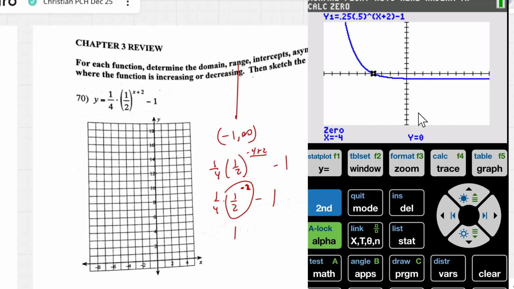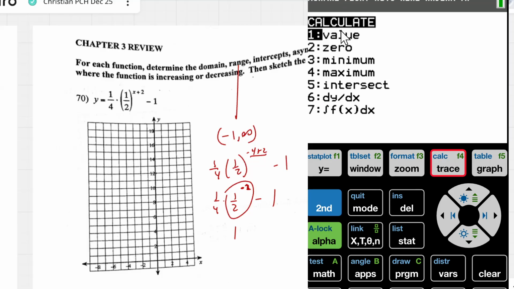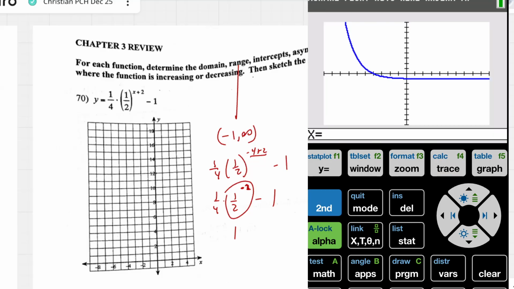I don't know. You could just plug in x equals 0. The calculator can do that too. Type in a value, which allows you to plug in any x value you want. So 0. Oh, and it's some rotten fraction. So I guess you could, if it's multiple choice, type in all the answer choices and see which one turns into that.